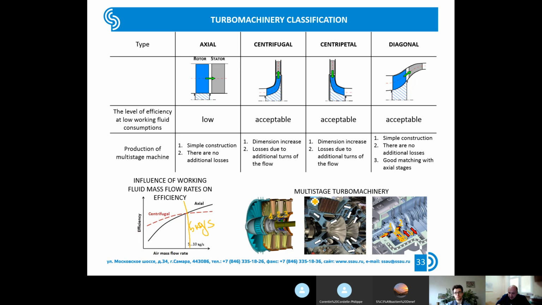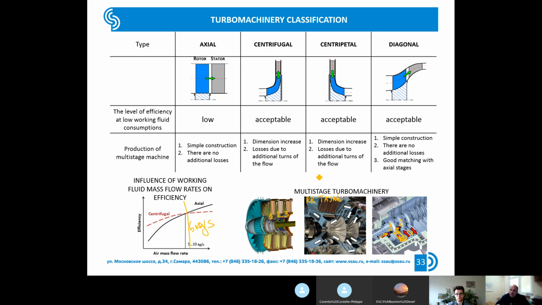For example, the first picture, this is Rolls-Royce, as far as I remember, Tyne engine. It's a turboprop engine. It's a rather old engine, and you could see that this engine has 2 centrifugal compressor stages.